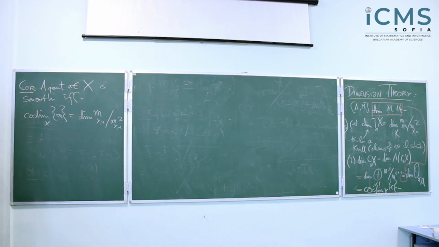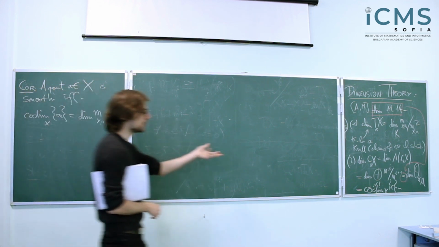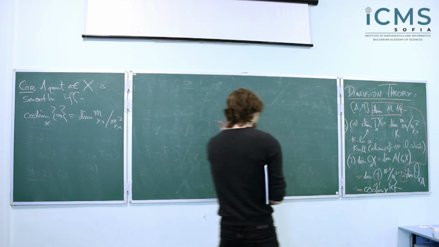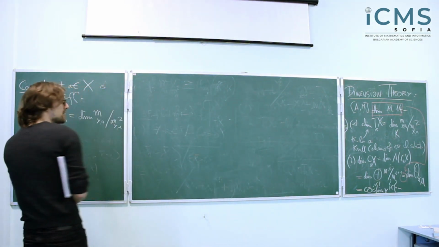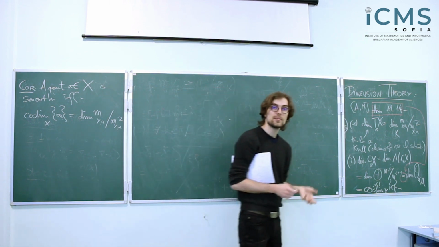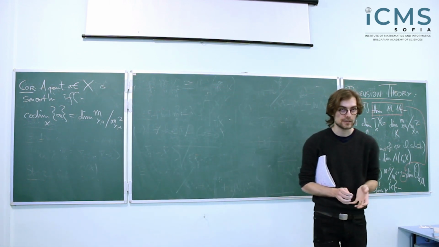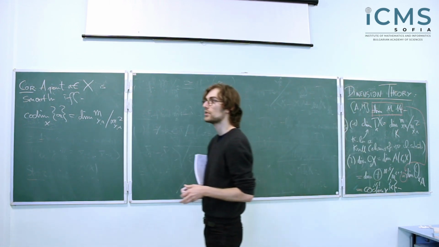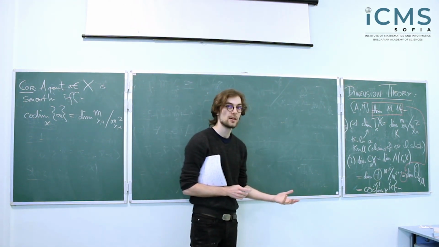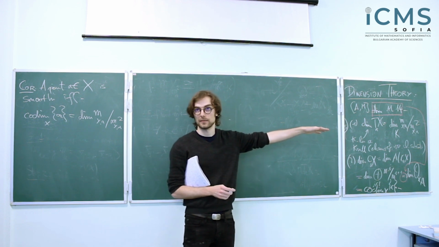And why is that? Well, of course, if the cone and the tangent space are equal, then the dimension will be the same. But even more than that, since the tangent space is irreducible, any algebraic subset which has the full dimension of this tangent space will be equal to the whole space.